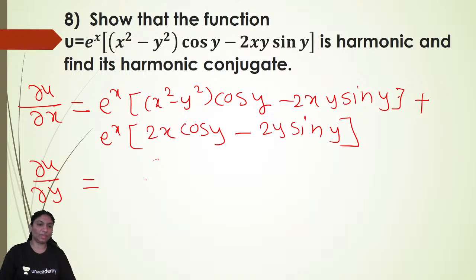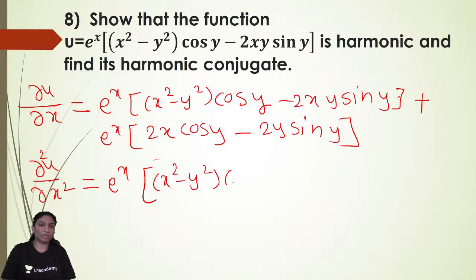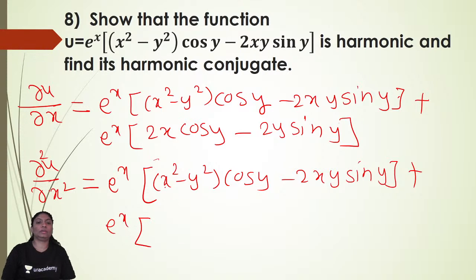So dabba square u by dabba x square, you will get first the derivative of this with respect to x. Get x square minus y square into cos y minus 2xy into sin y, plus e raised to x bracket this again.